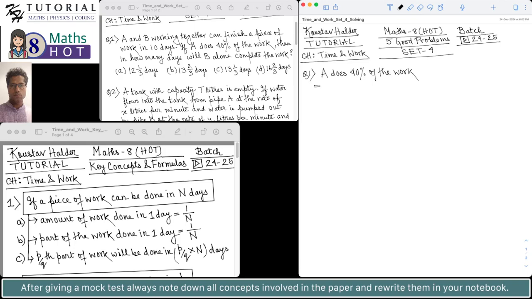This implies that in 10 days the whole work was done. And so of the total work, 40% of the work has been done by A. So work done by A in 10 days, we can say, is 40% of the whole work.